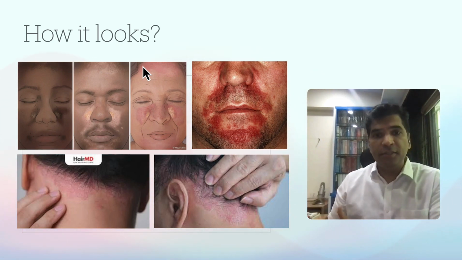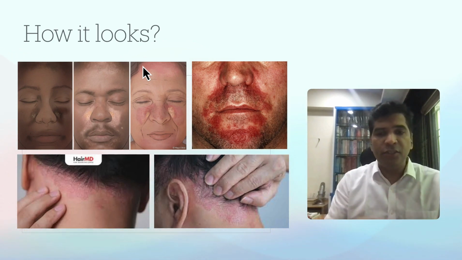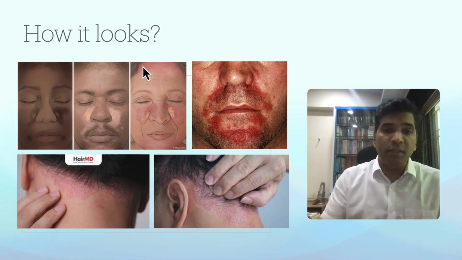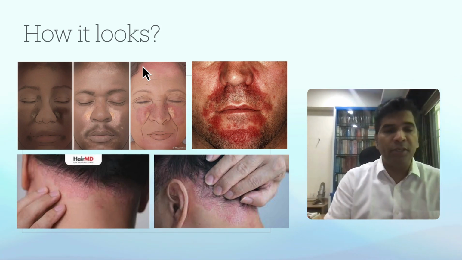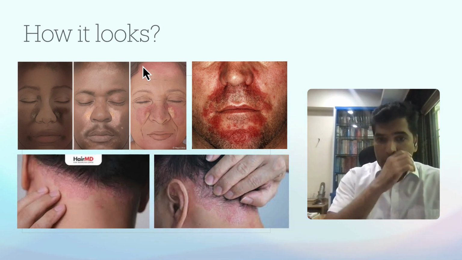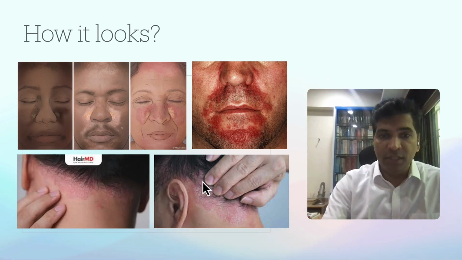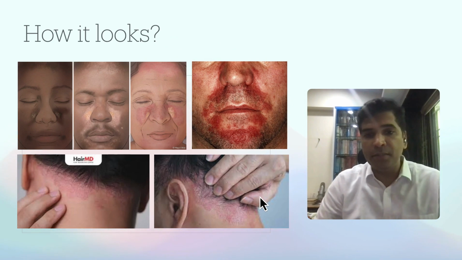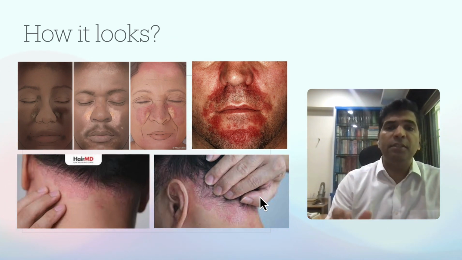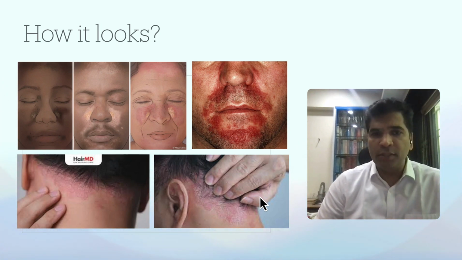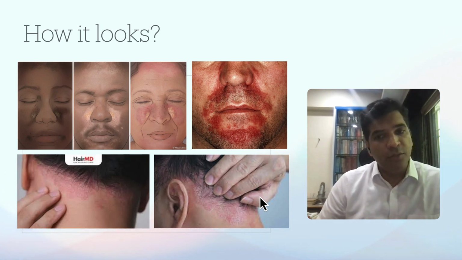When we see psoriasis, we will be differentiating it from all other commonly known skin conditions which you can confuse with seborrheic dermatitis and psoriasis. Especially on the scalp, as you see in the lower picture here, it is very confusing between psoriasis and seborrheic dermatitis. Usually, bleeding spots are less in seborrheic dermatitis, but there are more in psoriasis.